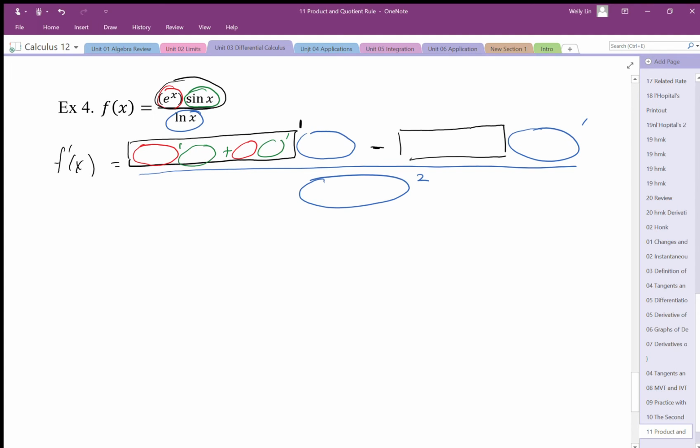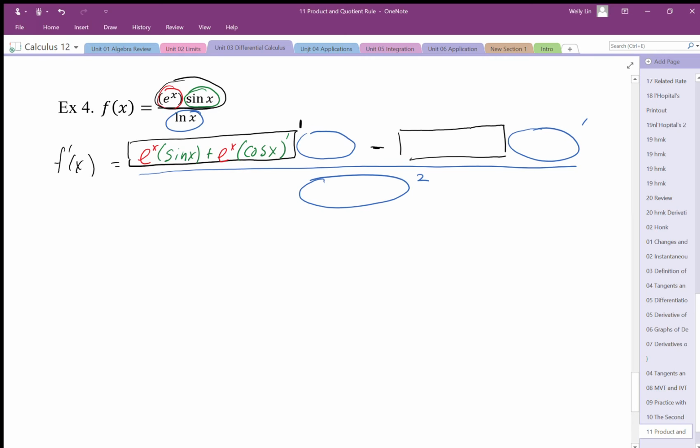So where I'm going to differentiate the numerator, inside here you can see there's my product rule. I'm just going to write these pieces in. It's going to be the derivative of the first function times the second function undifferentiated, plus the first function undifferentiated times the derivative of the second function.